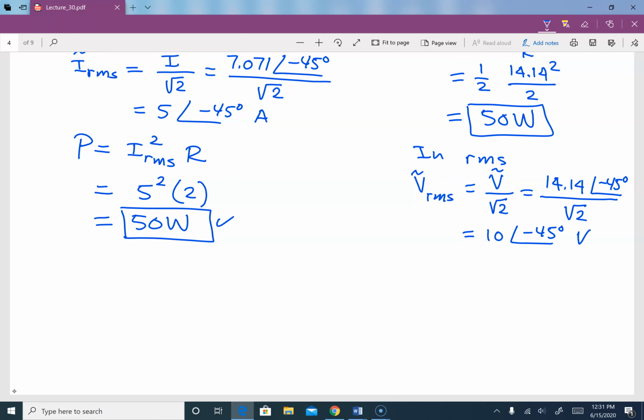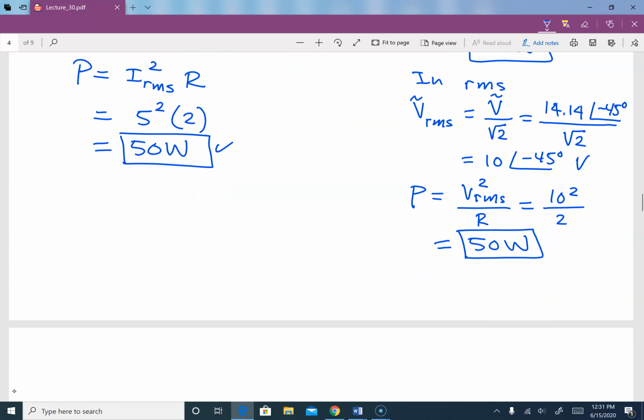So now our P is equal to VRMS squared divided by R, and that is 10 squared divided by 2. So 100 divided by 2, that is 50 watts, which is the same as what we got before.